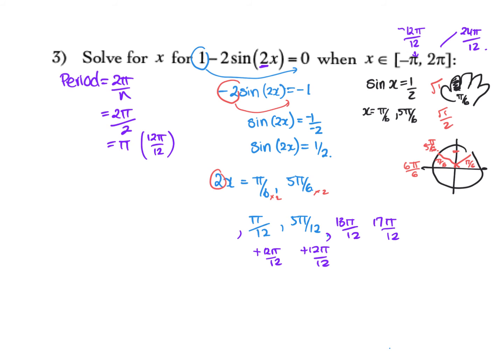Then I'm going to minus this time. So 5 pi on 12 minus 12 pi on 12 will be negative 7 pi on 12, and pi on 12 minus 12 pi on 12 is negative 11 pi on 12.